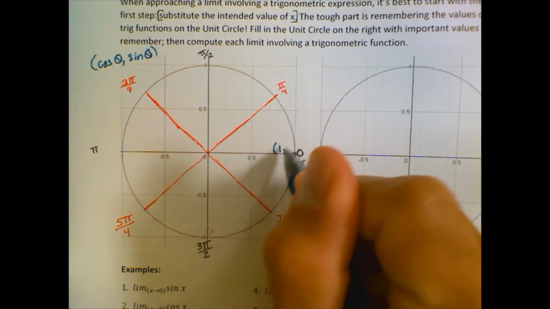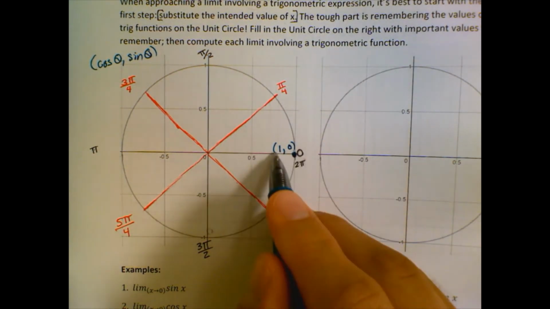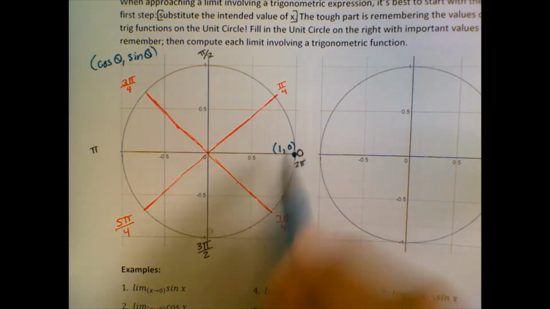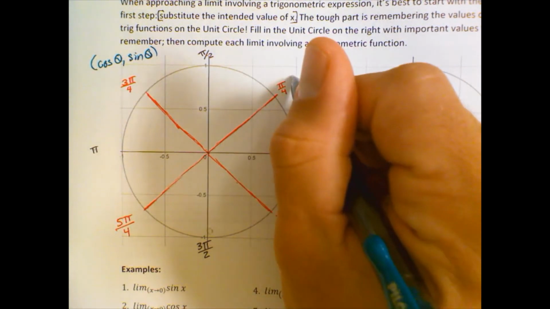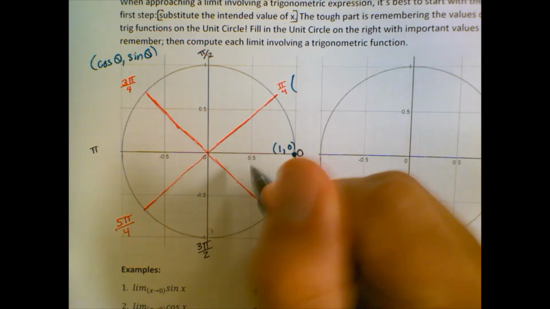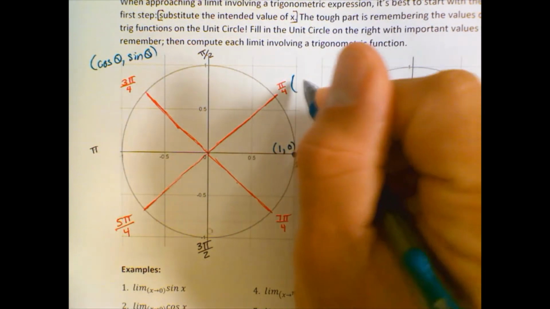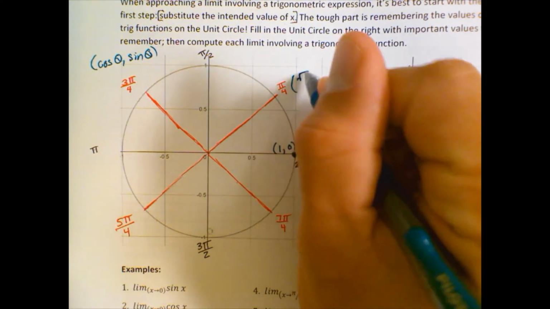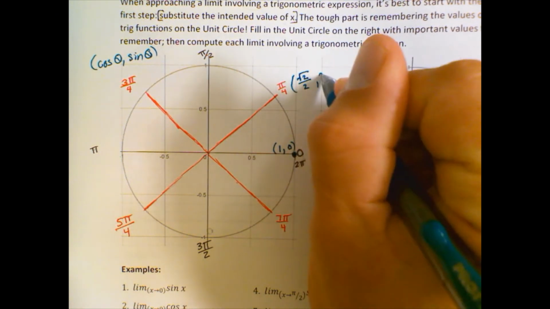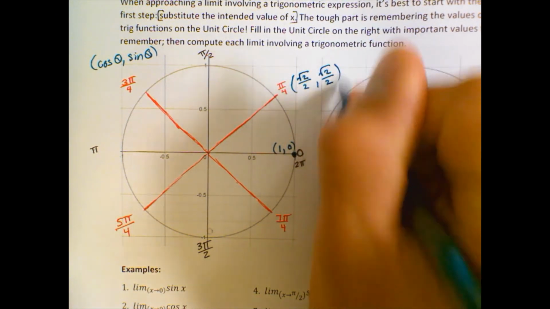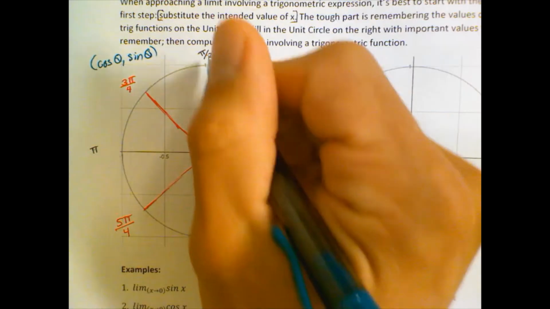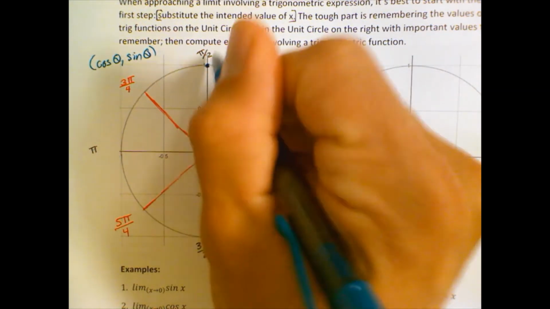So the cosine value at 0 is 1. The sine value at 0 is 0. The next one is still cosine theta, sine theta, but those values are going to be root 2 over 2, root 2 over 2. The next one is 0, comma 1.